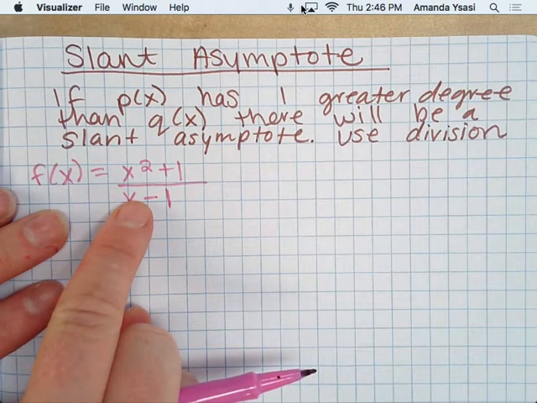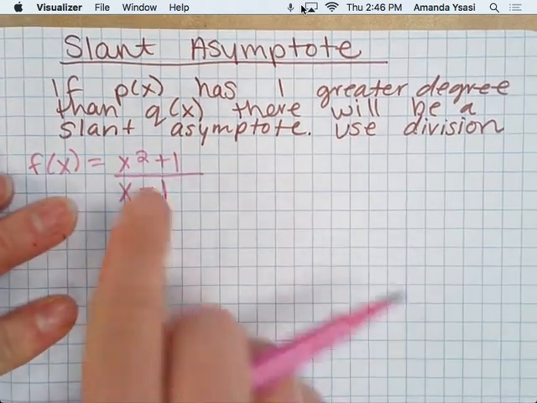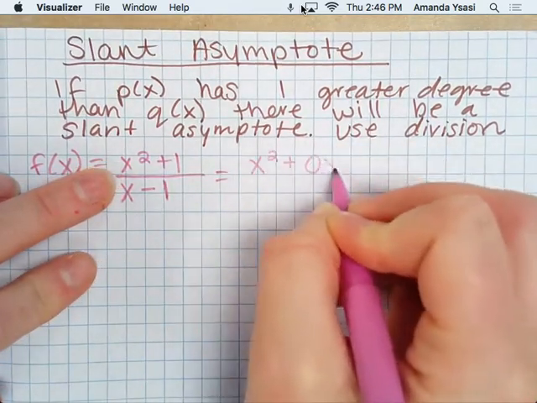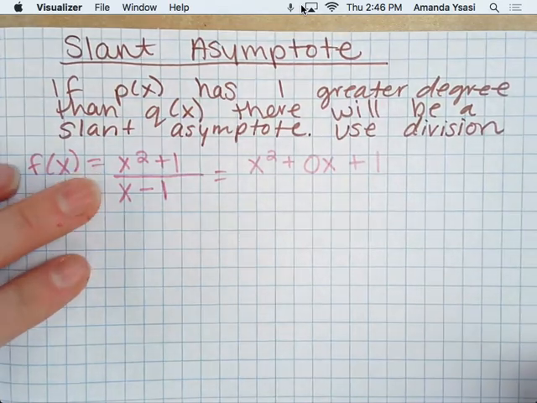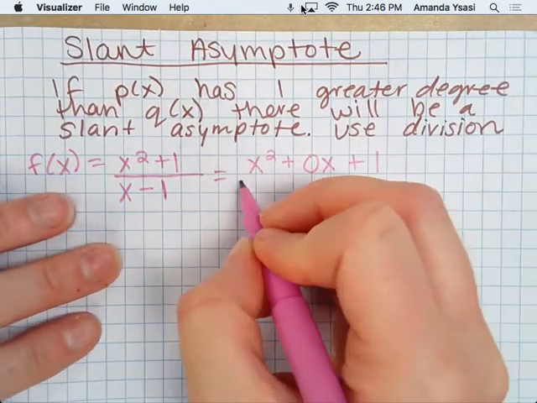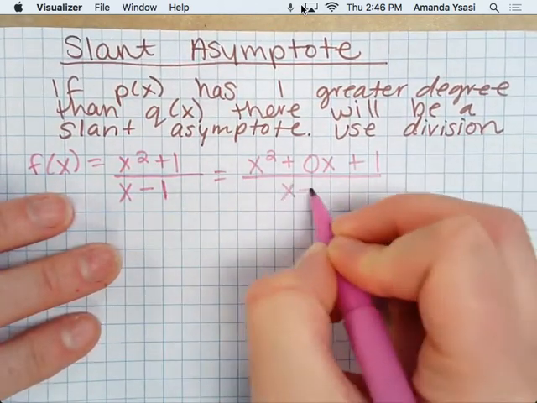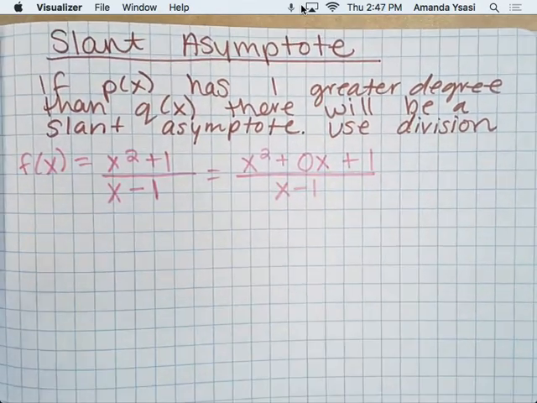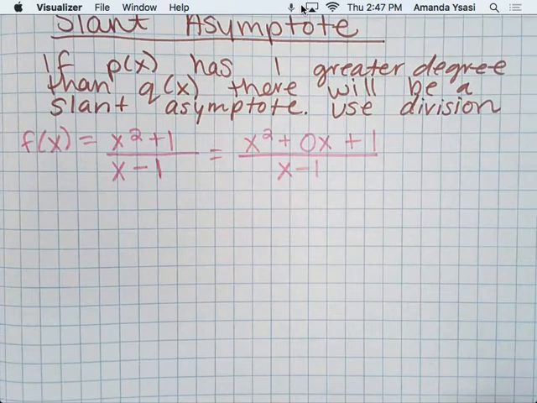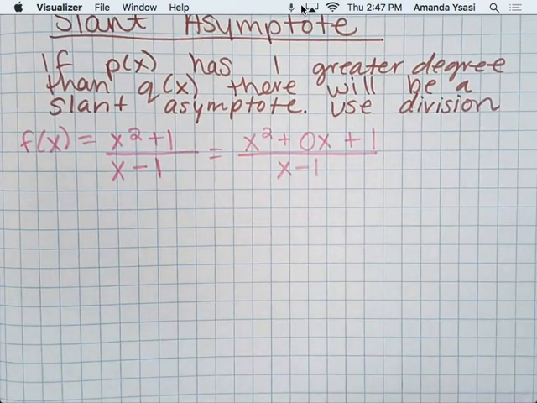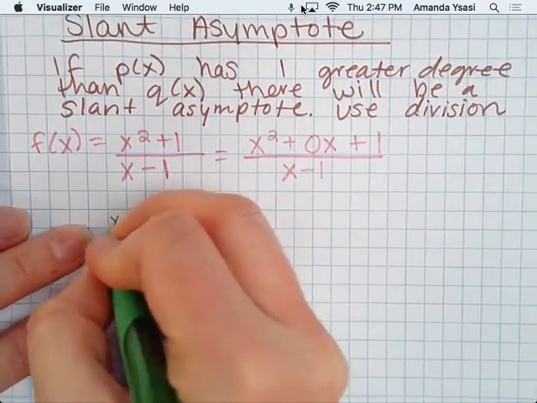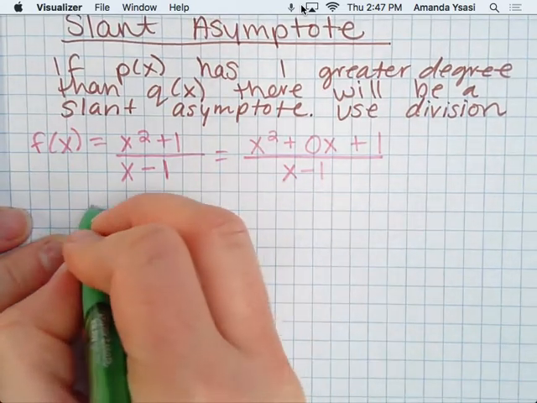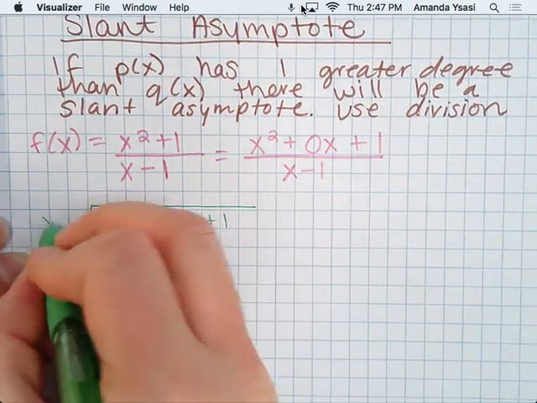So we are going to divide. So this could be written as x squared plus 0x plus 1. For division, I have to write those missing terms if there isn't a particular variable or exponent. So we'll have x squared plus 0x plus 1, and we're going to divide that by x minus 1.